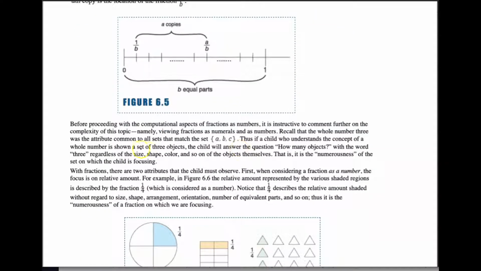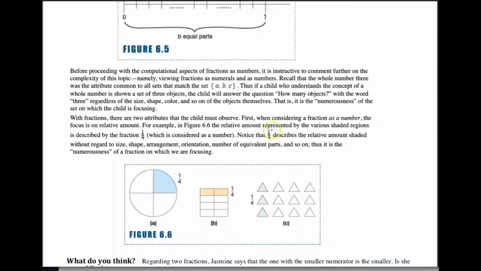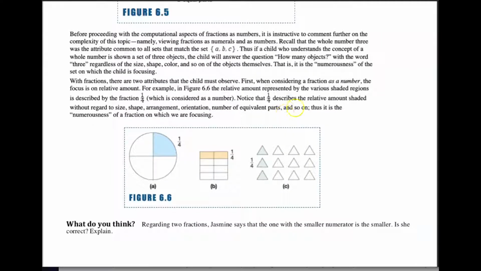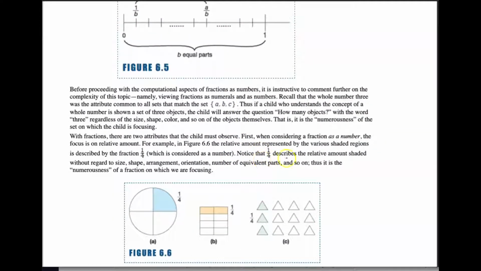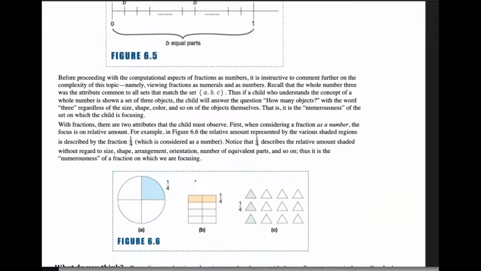And then again, before we proceed with computational things, it's important to realize that a fraction is a numeral, or a number. Noticing that is an important piece, because not only is it parts to whole, but it's some value. And in this case, 1/4 describes the relative amount of the shaded region. So go ahead and do that. Pause.